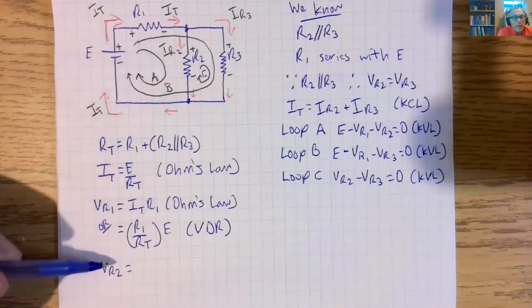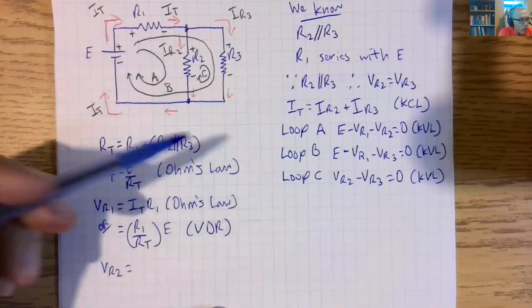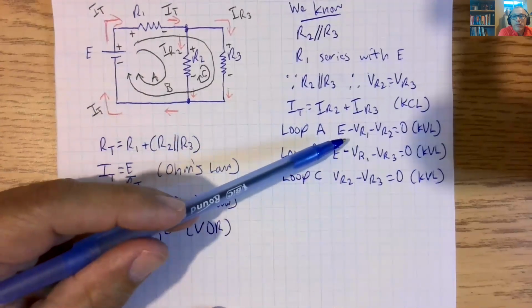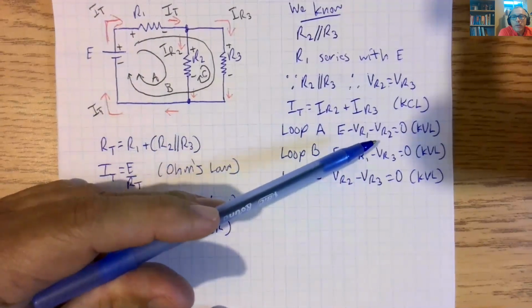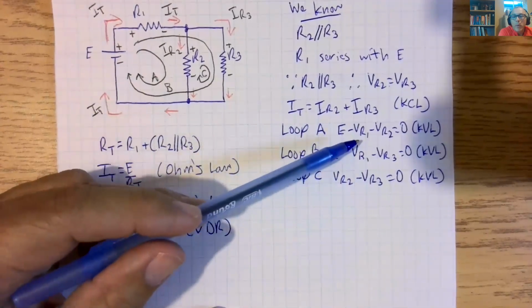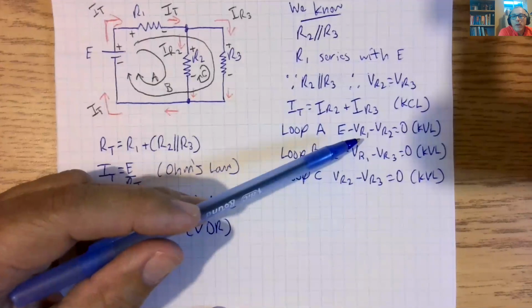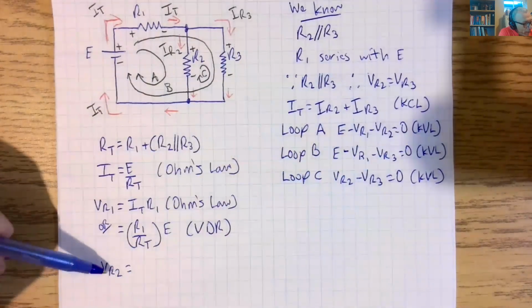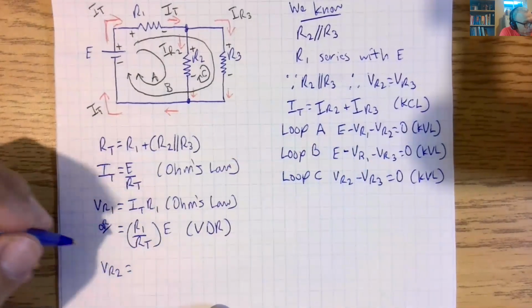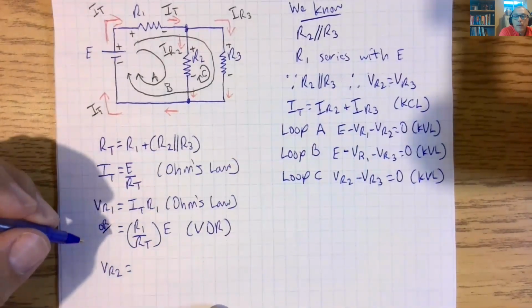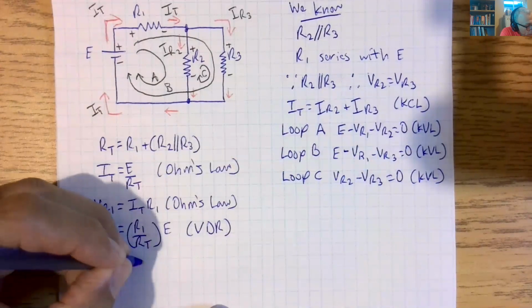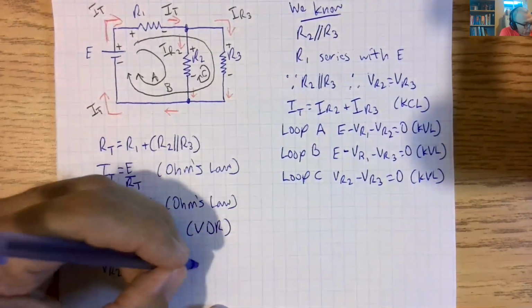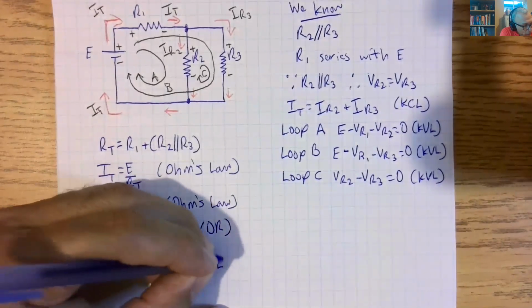So we can say that VR2 is equal to, if we go back to loop A, E minus VR1 minus VR2 is equal to 0. Well, if we move VR2 to the other side of the equal sign, we would get VR2 is equal to E minus VR1. Okay, and again, that is Kirchhoff's voltage law.